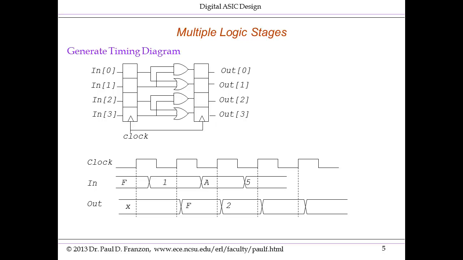Same time, A, 1, 0, 1, 0 has been transferred from the input to the output of the first register. Next rising edge of the clock, that gets evaluated by the gates, producing back A, which then becomes out on the next rising edge, and so on. We get A again from the 5 input 2 clock cycles ago. So I hope you got that answer. If not, you should look at the next slide before going off and rethinking how you're doing this.